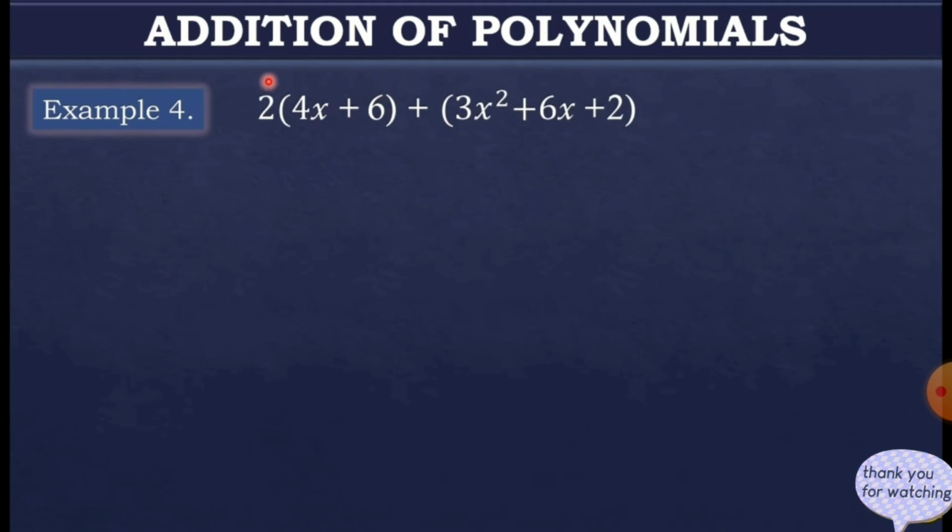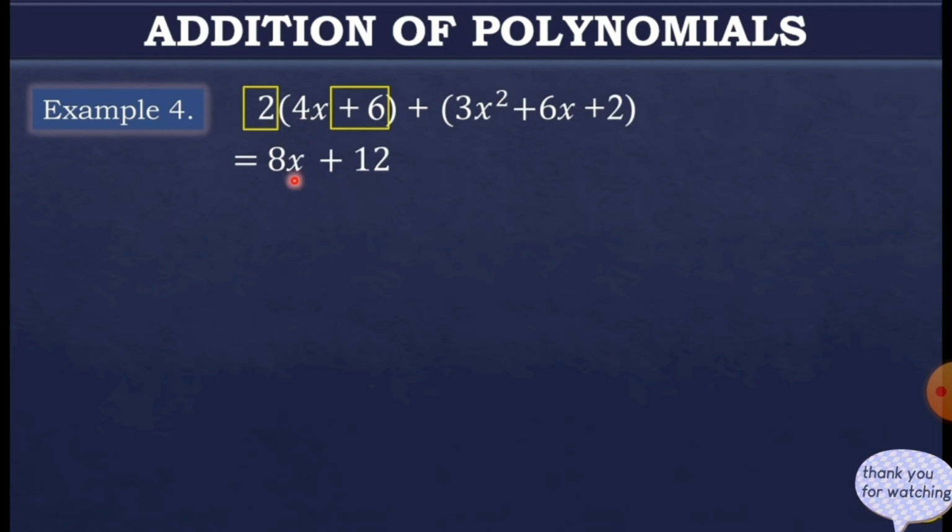So, we will distribute 2 to 4x and to 6. So, before we start or proceed to the operation, first, we have to multiply 2 by 4x. So, 2 times 4x magiging 8x. And then, 2 times positive 6 magiging positive 12 or plus 12.